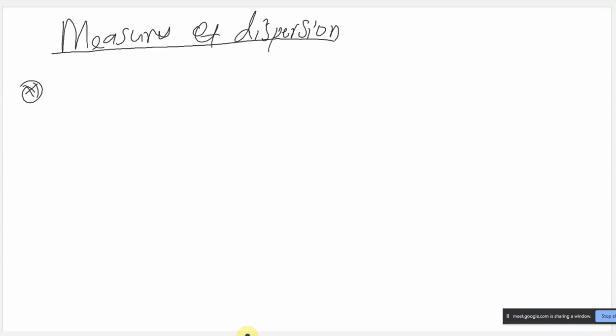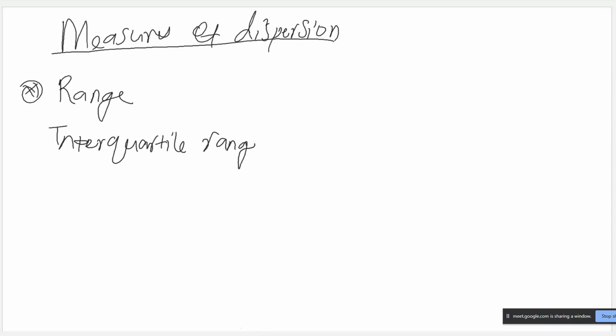We talk about concepts such as range, and then the interquartile range, and then the semi-interquartile range.